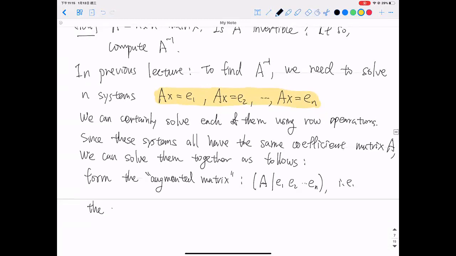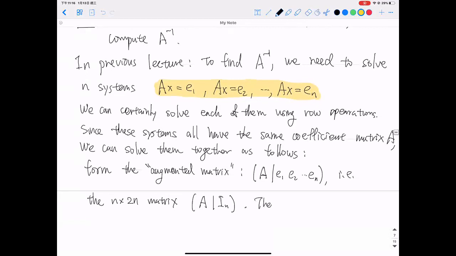This is a matrix of size n by 2n, where the left n by n matrix is A, and the right n by n is the identity matrix of size n by n.